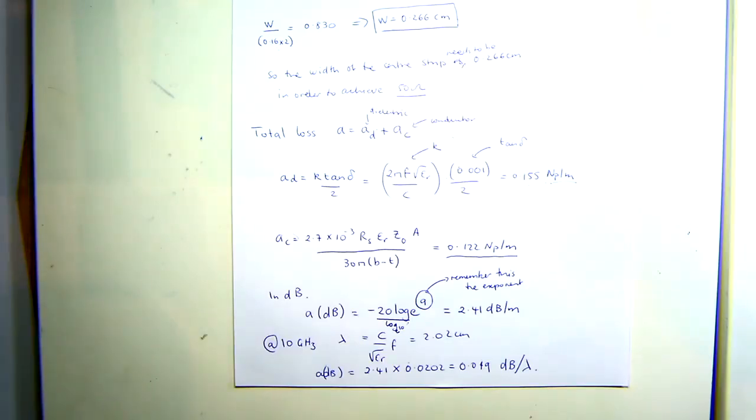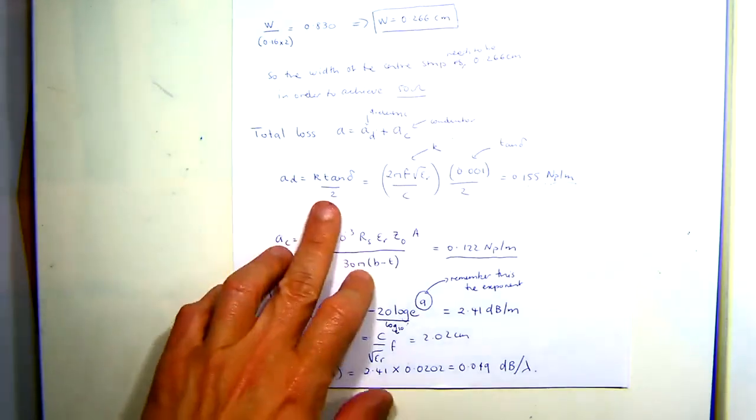Now, why is this all important? If you're designing this, we said that we've got some degrees of freedom. Some of the degrees of freedom were, we can actually choose the thickness of the copper, and we can also choose potentially the material. So if we wanted to make that loss a little bit less, we can choose that, or we can choose a different material.